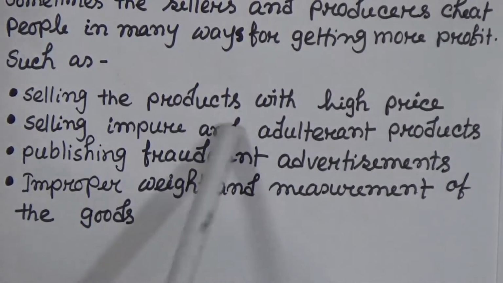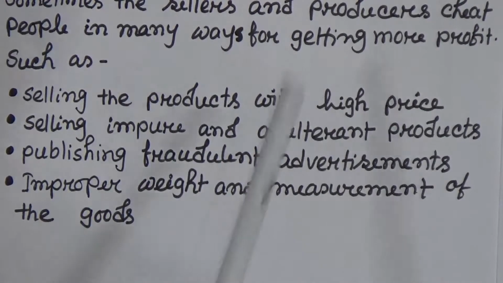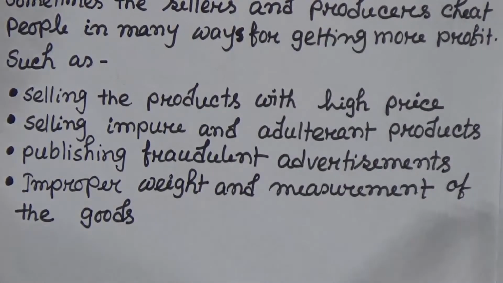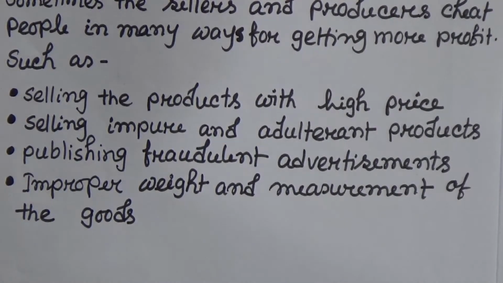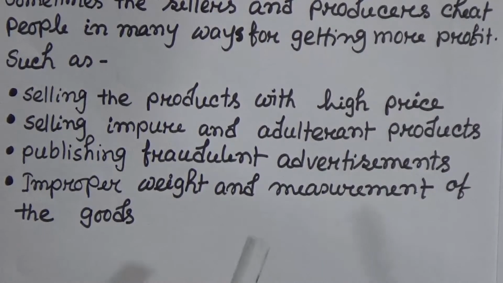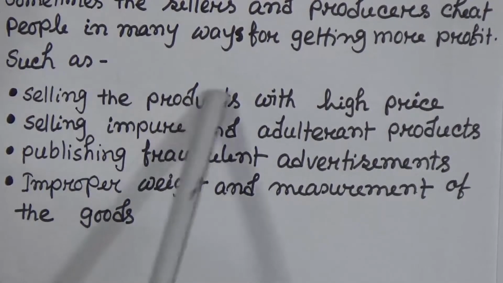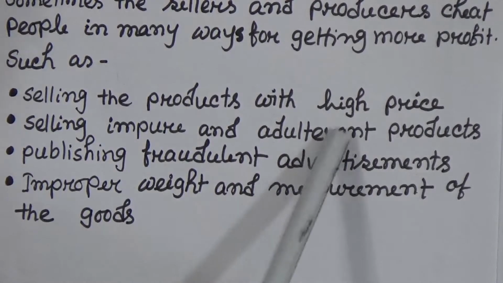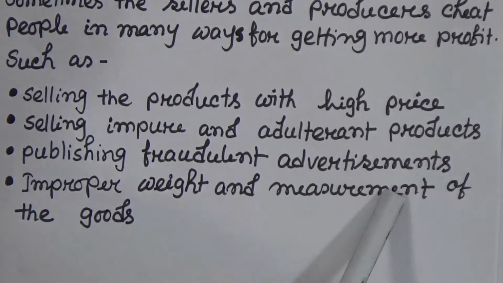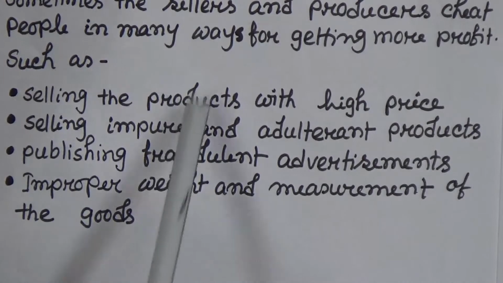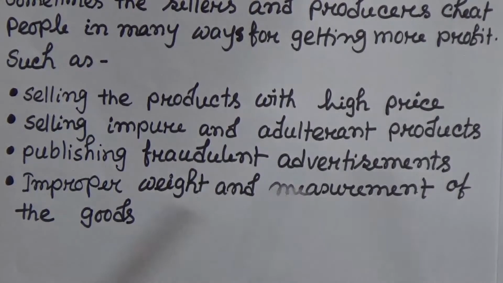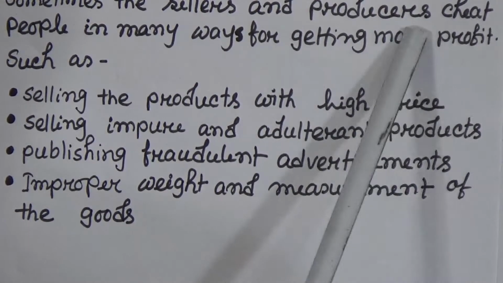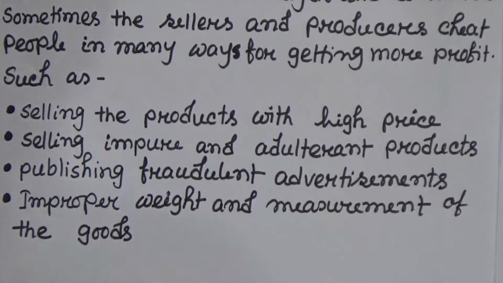Actually, the maximum sellers and producers of our country try to cheat the general people, who don't have the sense of the fraud activities of these persons. They do this for their profit, but they cheat the general people.